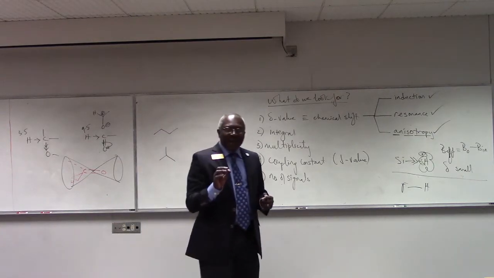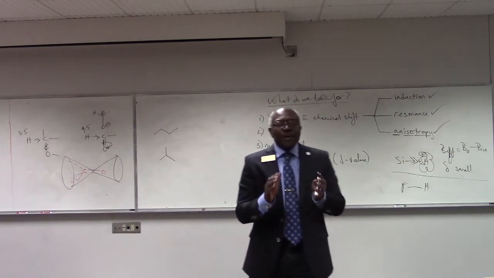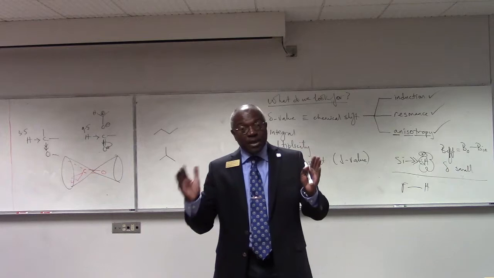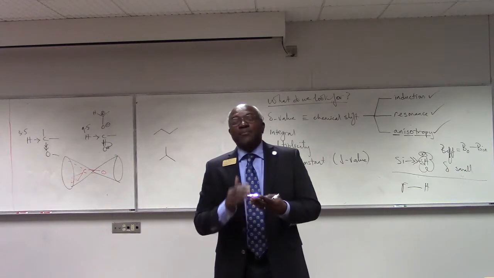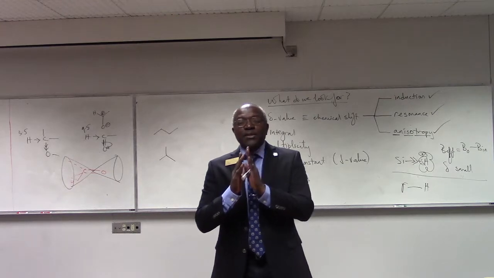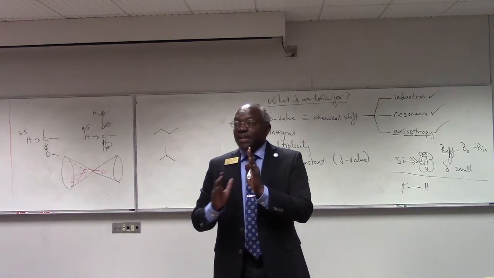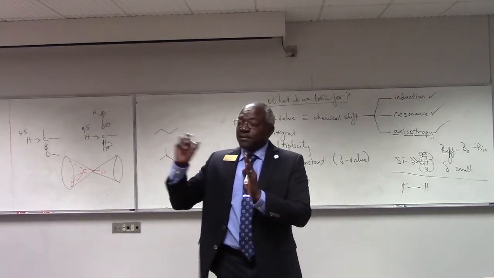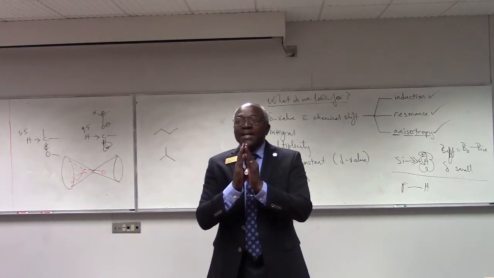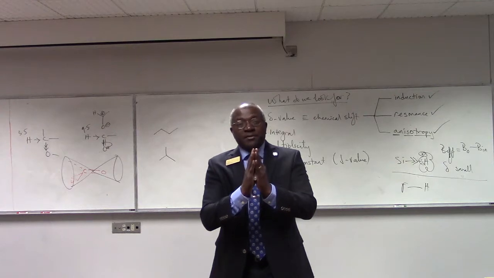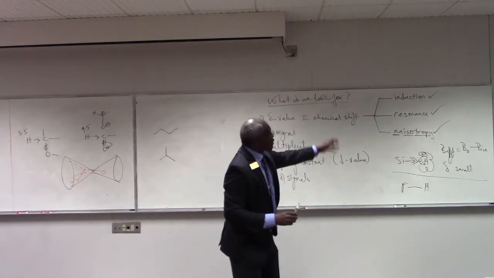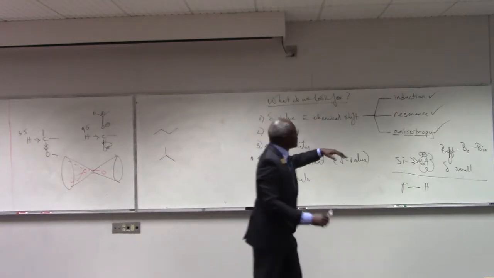Now, I'm going to add a caveat. Because the spectral window for proton NMR is so narrow, 0 to 12, it is possible, and it happens quite often, that 2 different sets of protons that have very different environments will end up at exactly the same chemical shift. Remember, the chemical shift is a confluence of induction, resonance, and isotropy.